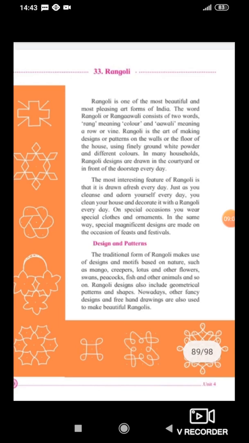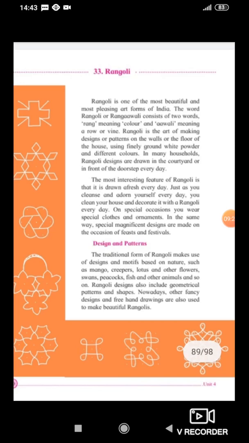So rangoli is drawn with special designs based on nature, such as mango, creepers, lotus, and other flowers. Different names of flowers, with the help of the flower designs, the rangoli is drawn.